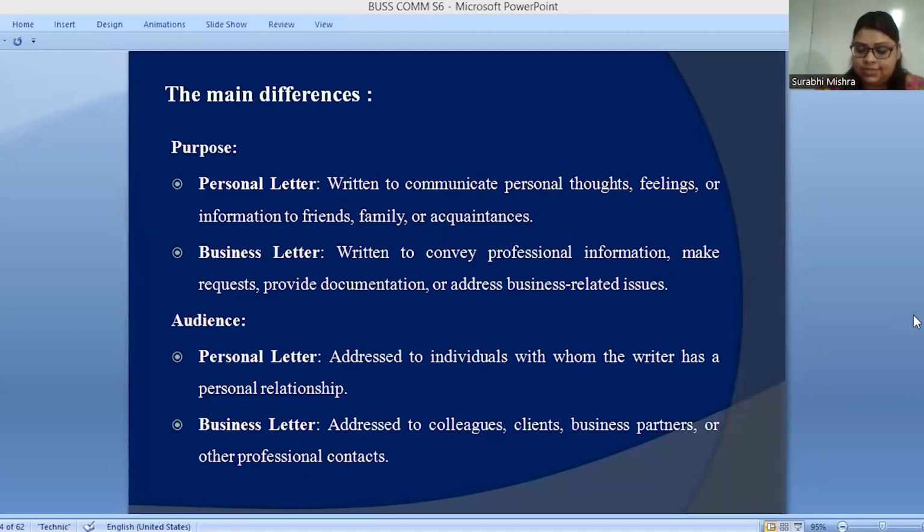So we were discussing the differences between the personal and the business letter. Let's start with the differences. The first difference is in the purpose. A personal letter is written to communicate personal thoughts, feelings, or information to friends, family, or acquaintances.